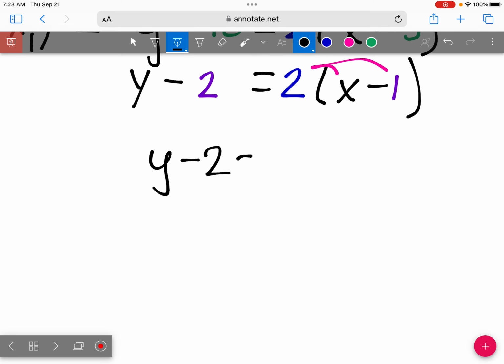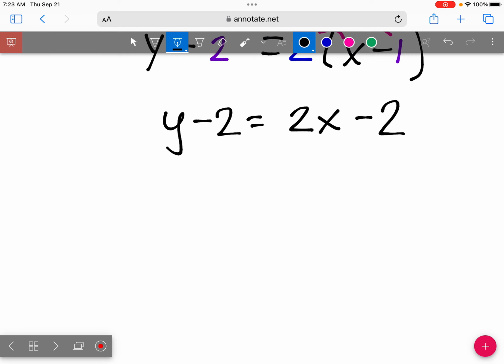Y minus 2 equals 2x minus 2. What do we do next? Add 2. I'm adding this 2 to both sides to get my y by itself, because slope-intercept form has my y by itself. Y equals 2x, what? Plus 0.